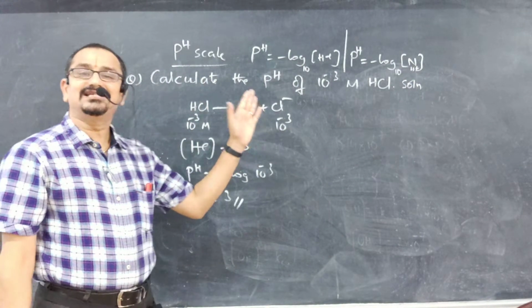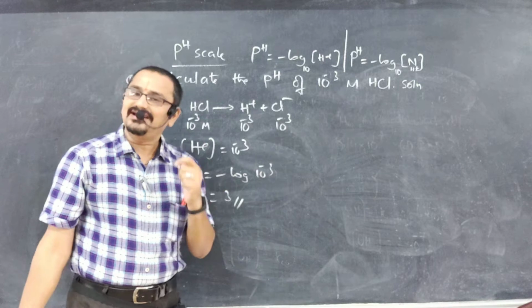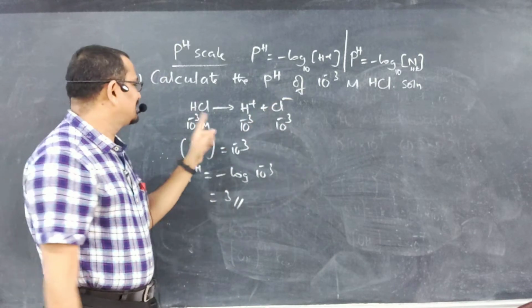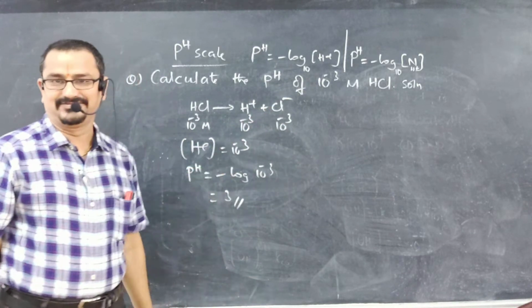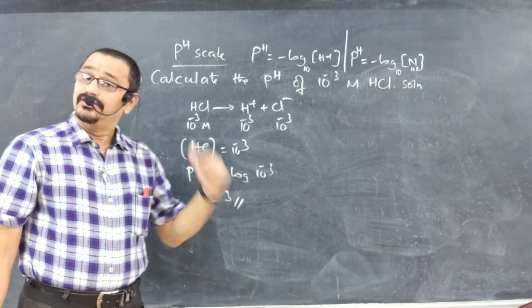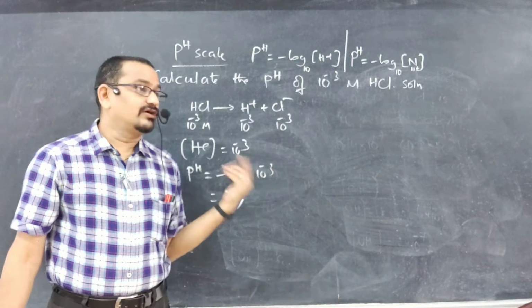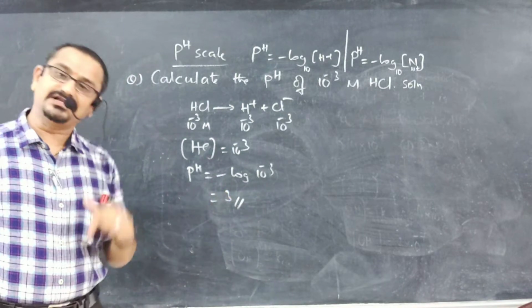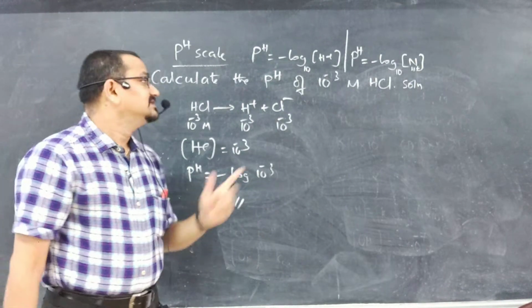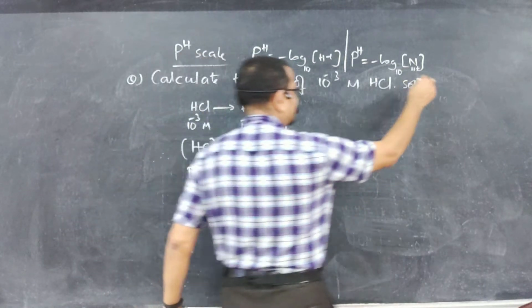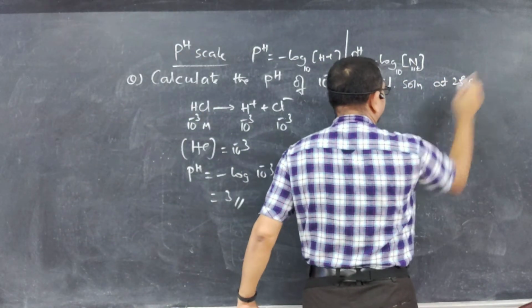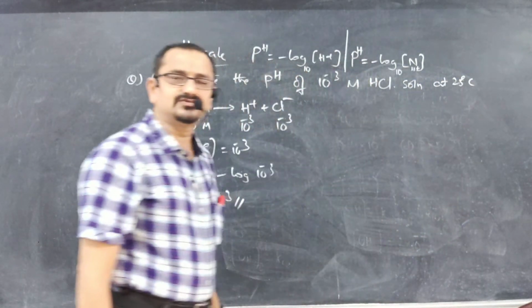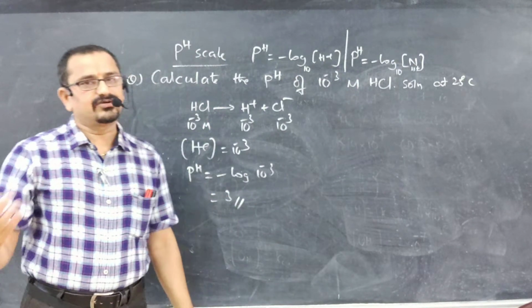In this HCl solution, we took only the H plus ion concentration coming from HCl. Along with HCl, we also have water, which also contains H plus ions. Suppose at 25 degrees Celsius, what is the ionic product of water? 10 power minus 14.